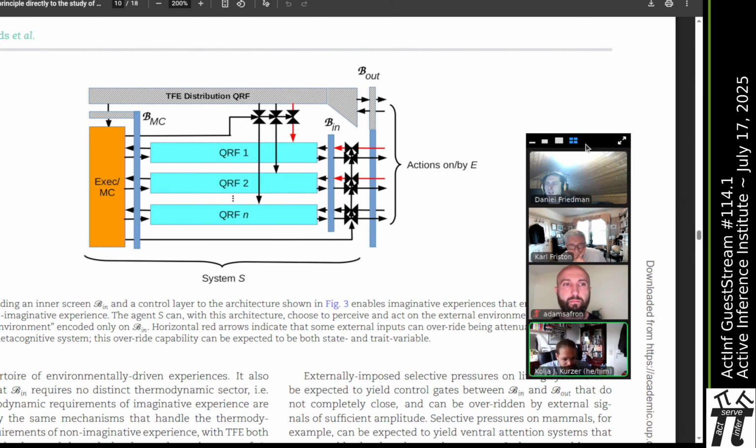I'm not sure. Yeah, I think a related question that I have to that is, if layers beget another layer, then what is structurally different about the inner screen? Does it imply similar awarenesses?